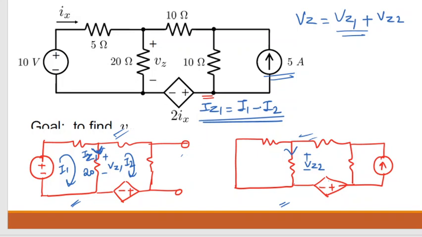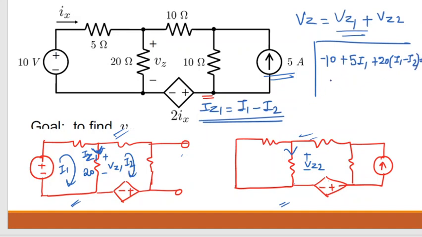For the first circuit, first step, would be, I'm writing here, minus 10 plus 5I1 plus 20(I1 minus I2) is equal to 0, right?